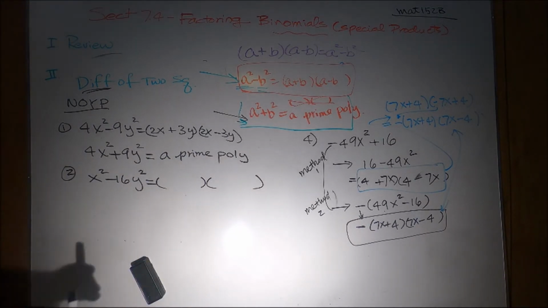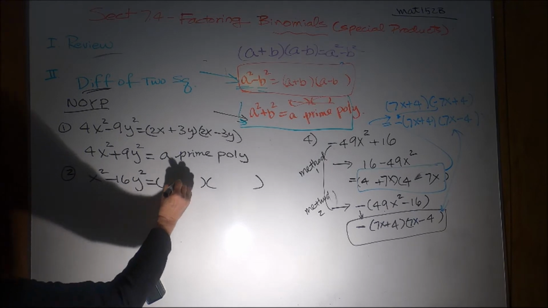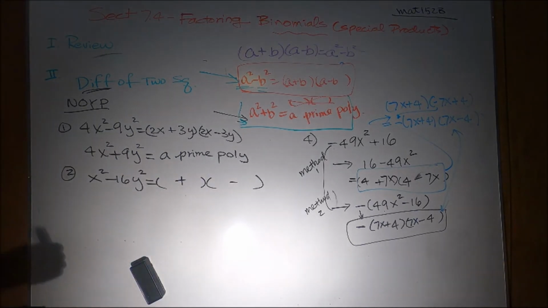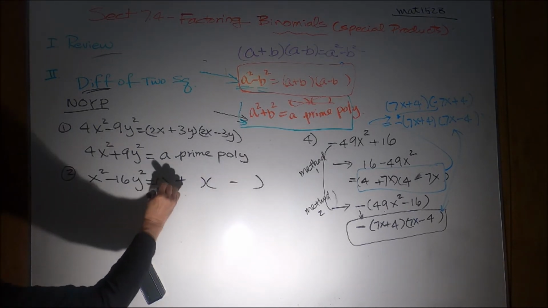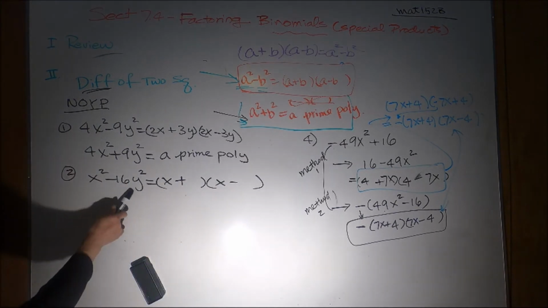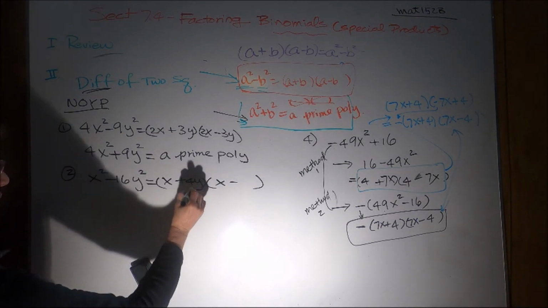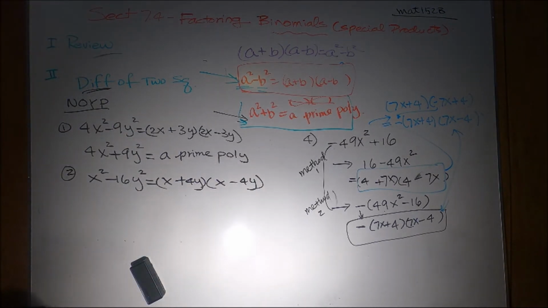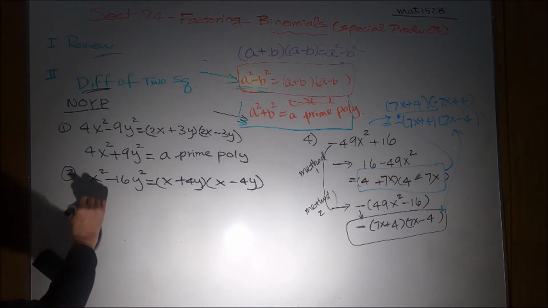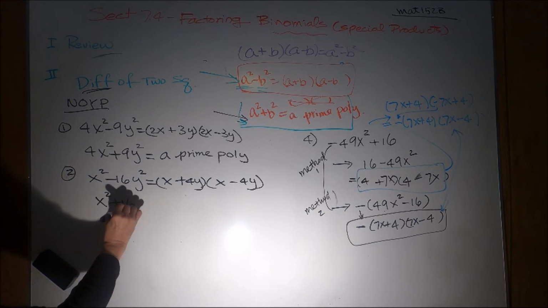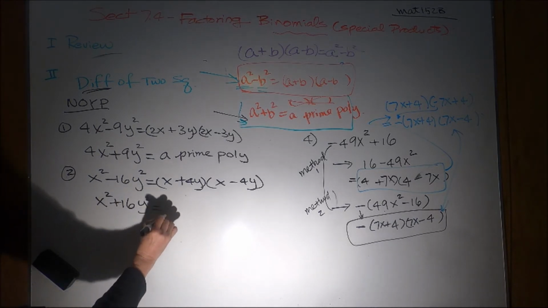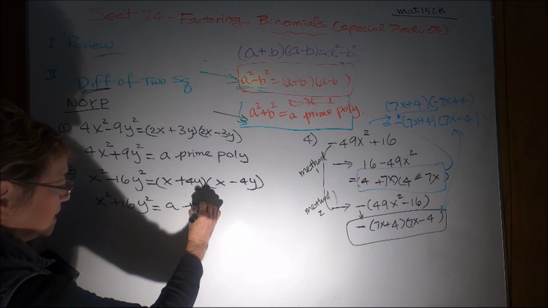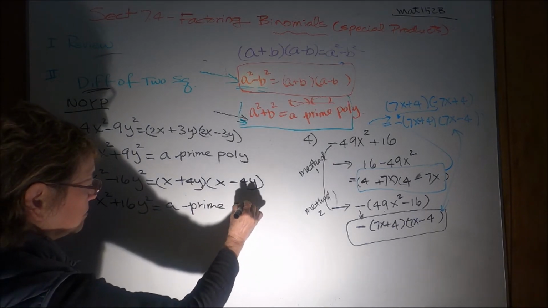Write it as a product, right? So, yes, the difference of two squares. So that would be your x. That would be 4y squared. Take 4y, whole thing squared, right? So, if I have x squared plus 16y squared, what do you think? You should say it's a prime polynomial.